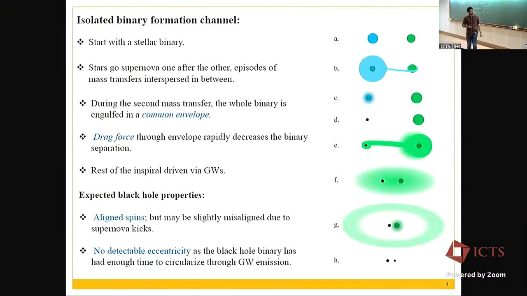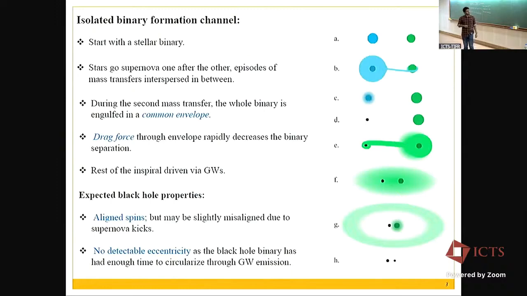And it turns out that during this particular mass transfer, the orbit shrinks, and it shrinks enough that now these two objects start moving in the gaseous environment of this mass that was being transferred by the smaller star.